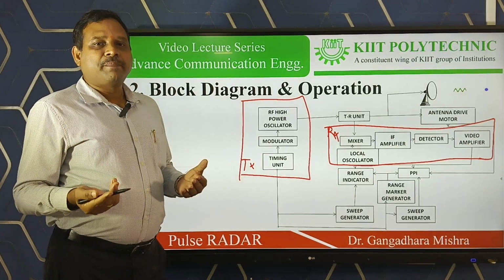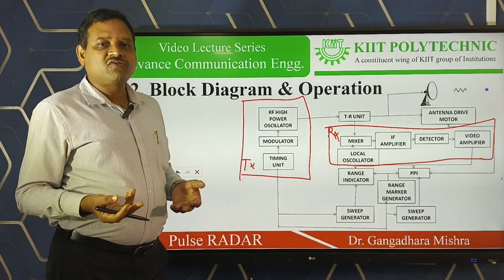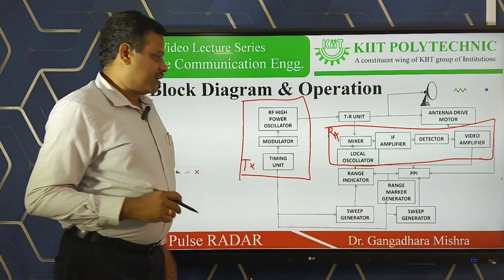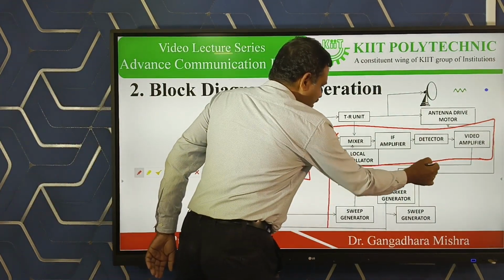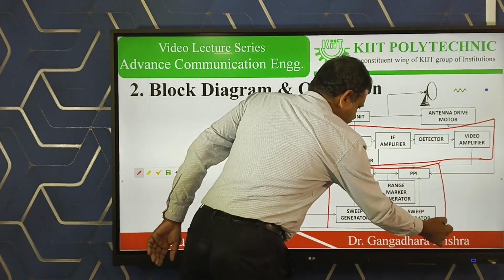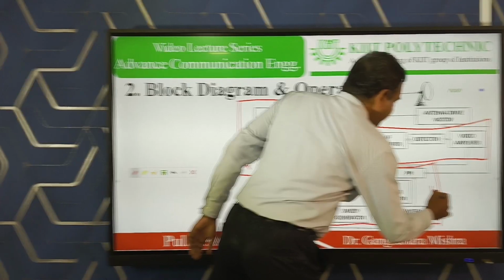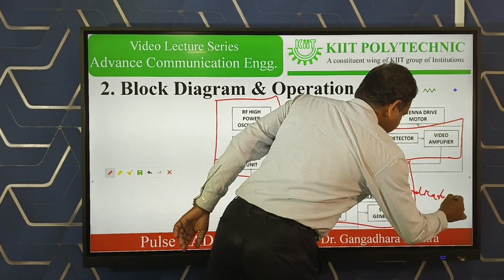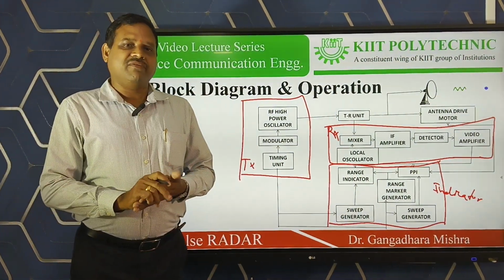Whatever parameters we observe, we must visualize so that we can analyze and act accordingly. So in addition to the transmitter and receiver sections, we have the visualization section or the indicator section. Okay, so let's discuss one by one.